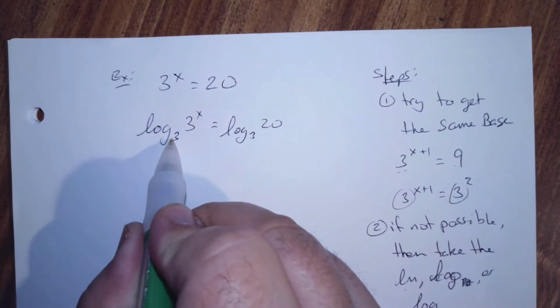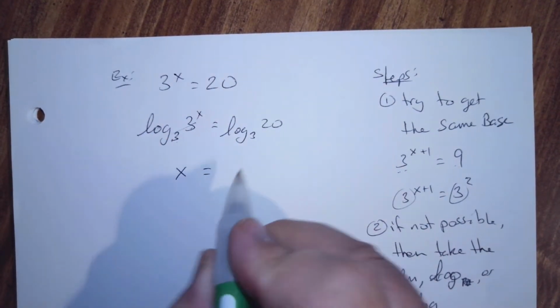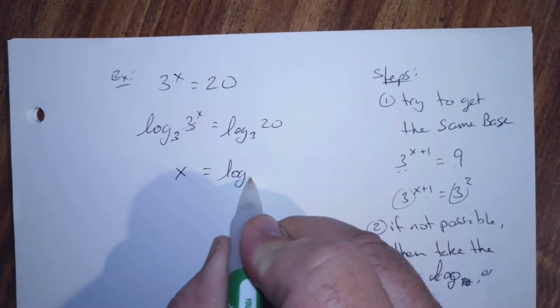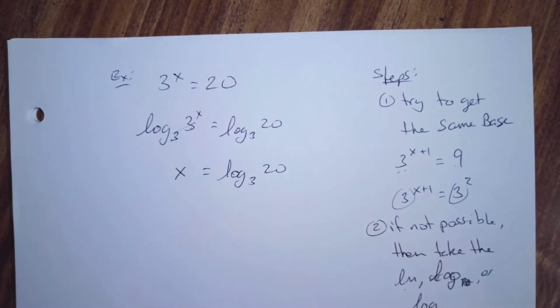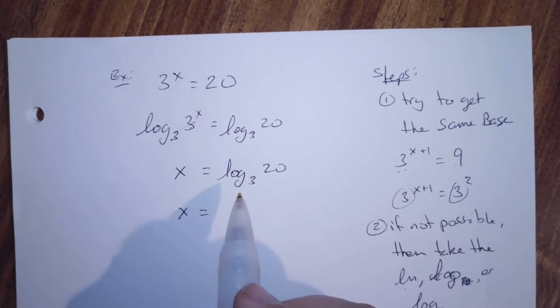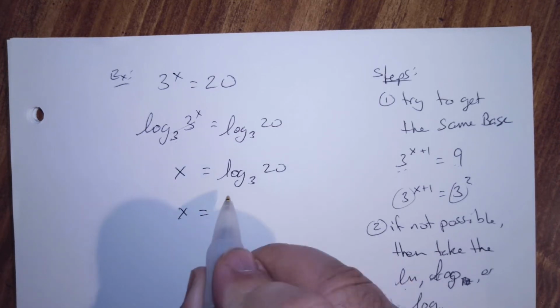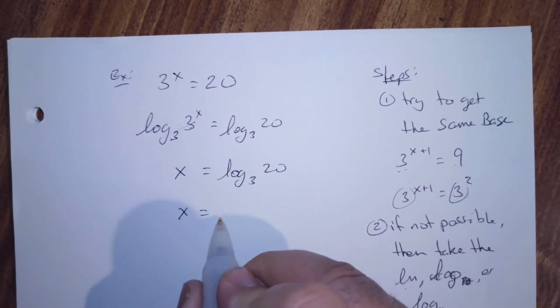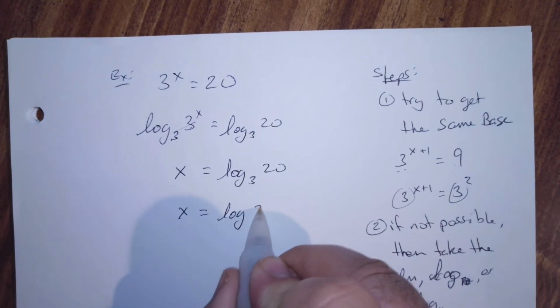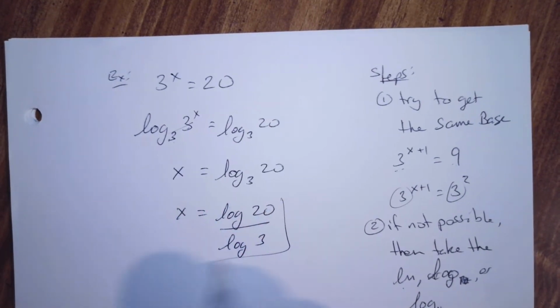On this side, since the base and the base are the same, this side equals x. This side equals log base 3 of 20. So that's what x equals. But we're not done, because our final answers have to be in either log base 10 or log base e. So we have to use the change of base formula: log of 20 over log of 3. And that would be our final answer.